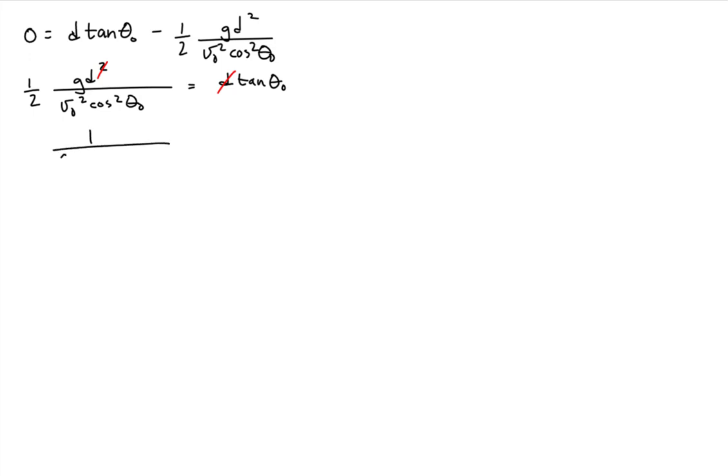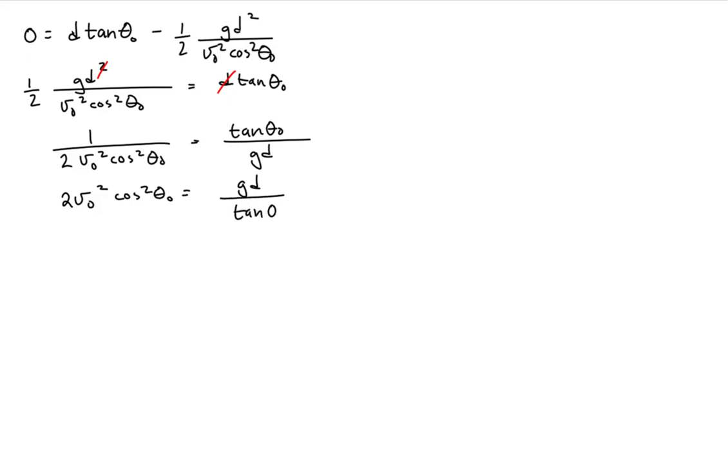So we have 1 over 2 v naught squared cosine squared theta naught is equal to tangent of theta naught over g d. Let's take the reciprocal of both sides. 2 v naught squared cosine squared theta naught is equal to g d over tangent theta naught.